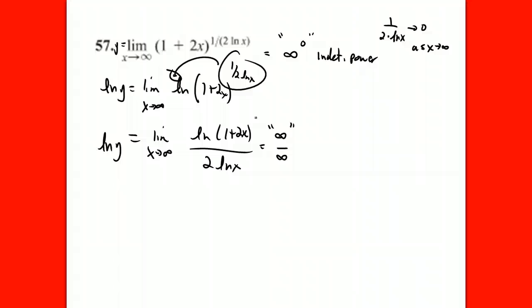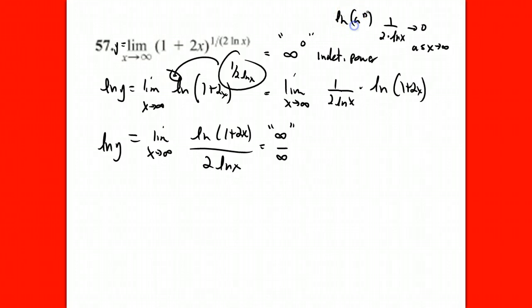Is it getting it to this point that was the trouble, or from this point on? It came from bringing this down. This is 1 over 2 log x times the ln of 1 plus 2x. The step in between, the intermediate step that I skipped, is the power rule of logs, which allows you to take the log of something to a power and bring the power down in front.